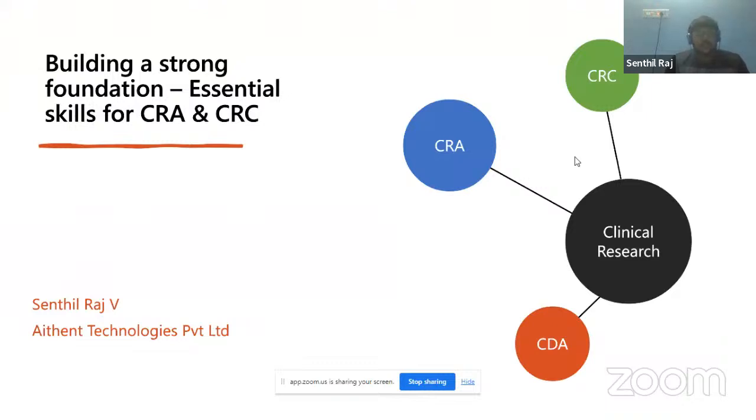These are all happening in clinical research, and this is a wide field we are experiencing, and it all leads to efficiently doing clinical research activities. That's the ultimate goal.